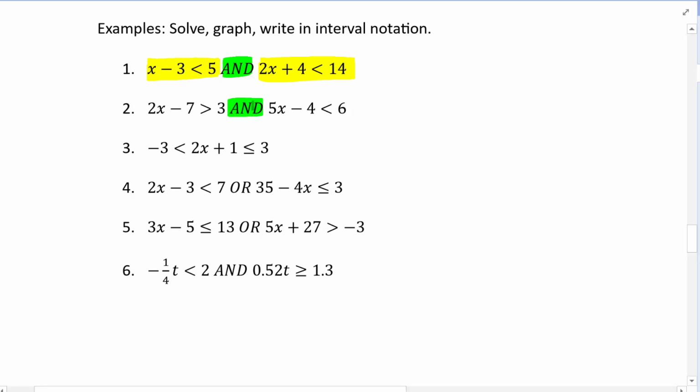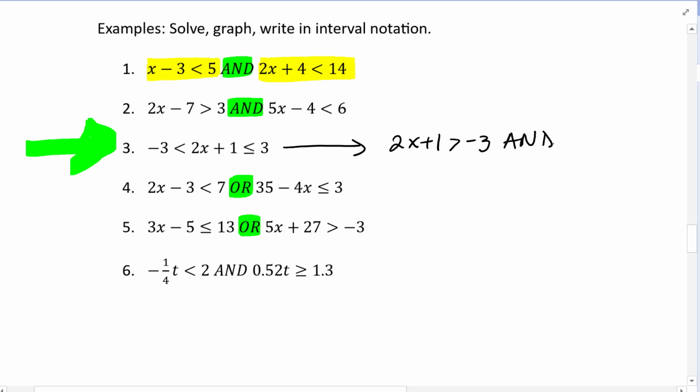This one, again, is a compound one because it has two inequalities, and it has the word and. This one, again, has two inequalities, but it uses the word or. And this one is a little bit different than the other ones because it doesn't have the word and or or between them, but what it actually means is 2x plus 1 greater than negative 3 and 2x plus 1 less than or equal to 3.